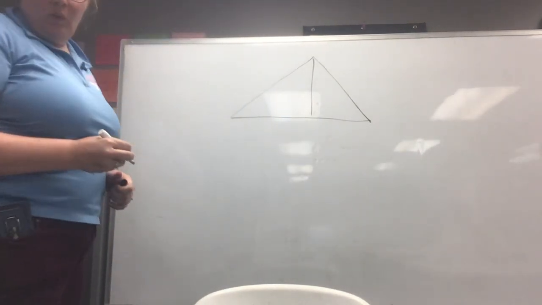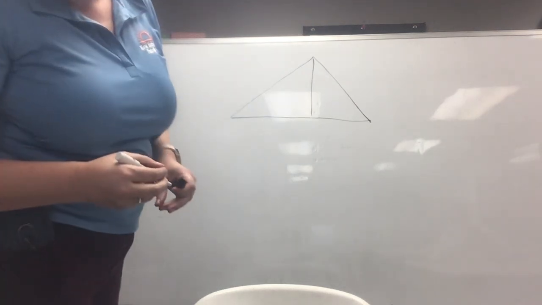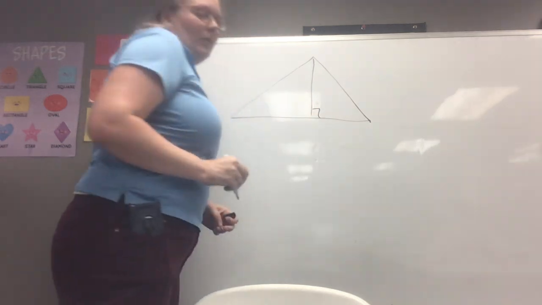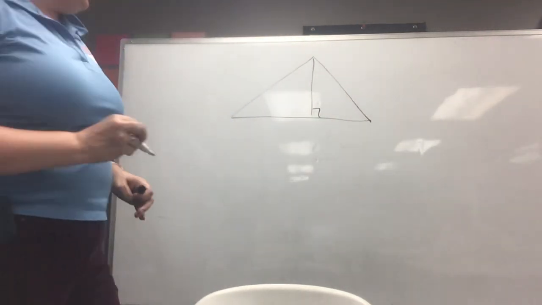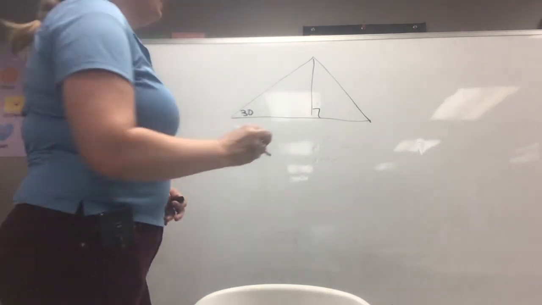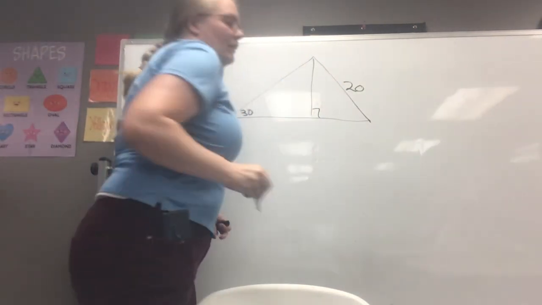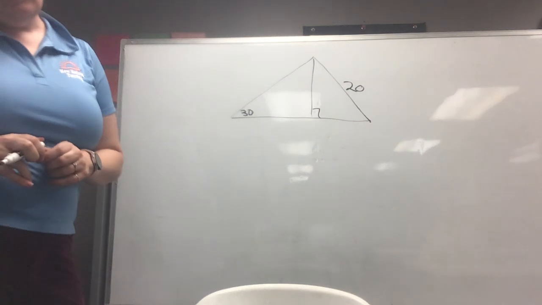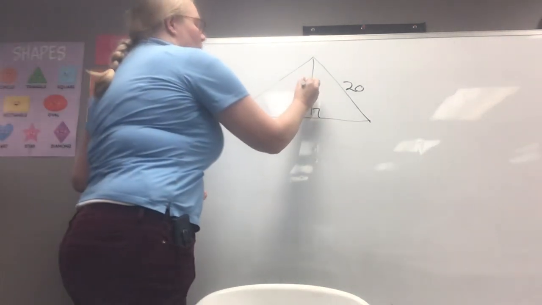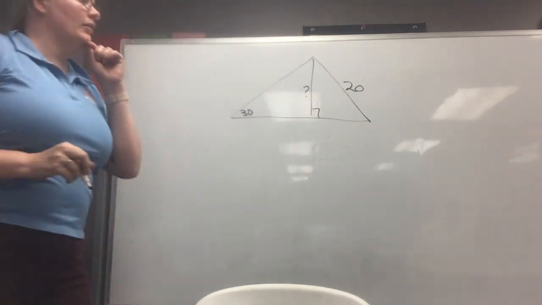We are told it's an altitude, so that's giving us the right angle. We know that this is 30, and we know that this is 20. So we're trying to find this height right here.